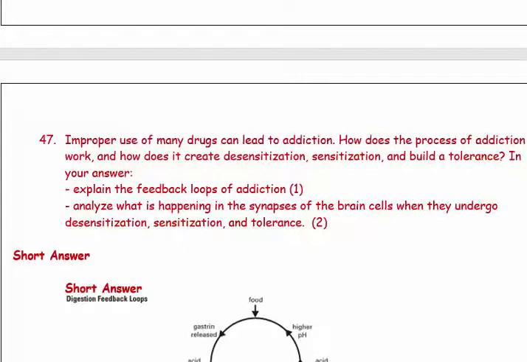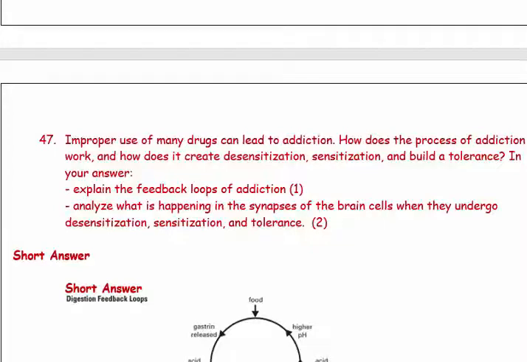You can all experience it if you're taking, for example, an analgesic or a painkiller. If you start taking one painkiller, 2 days later you will need 2 painkillers. If you take 2 painkillers, a few days later you will need 3 painkillers for the same amount of pain. This is called desensitization. It means that the body is getting used to this specific drug, and in this case it needs more.